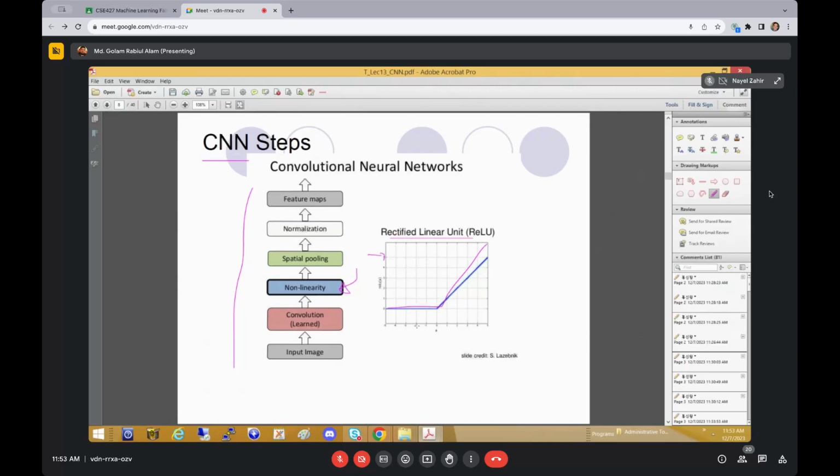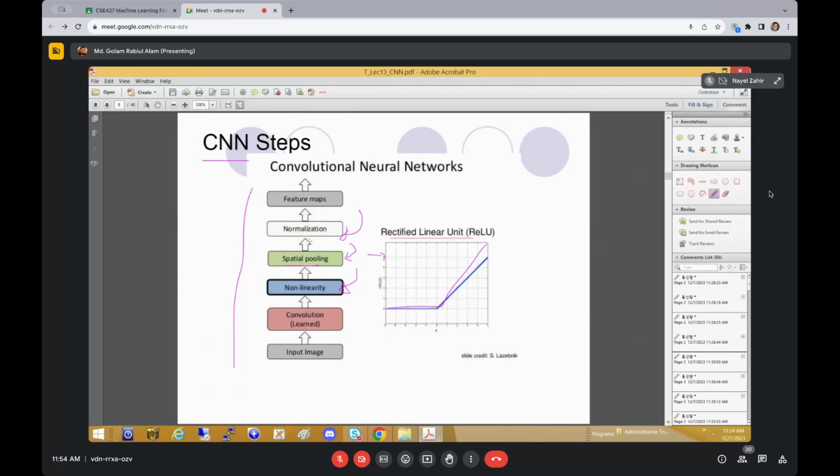After non-linearity comes the spatial pooling, so you need to perform a pooling operation. There are several kinds of pooling, like max pooling, min pooling, average pooling. So the pooling operation, and then we can do the normalization.